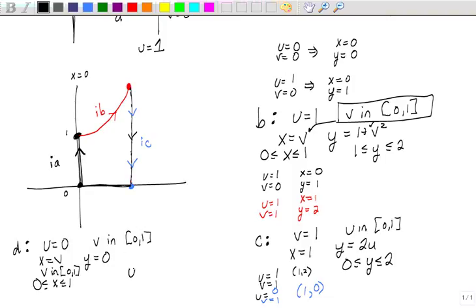So when we're at the point 0, 1, that's going to get mapped into the point 1, 0, which is right here. And then when u is 0, v is 0, we're going to go to the point 0, 0. So we're going that way, and this is image D. So our new region is right there. So that's the image of S.